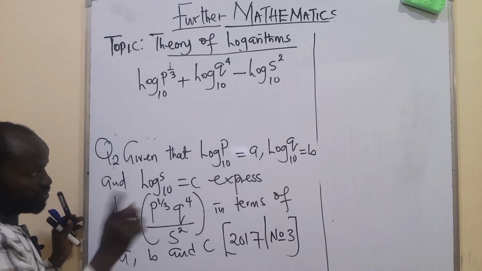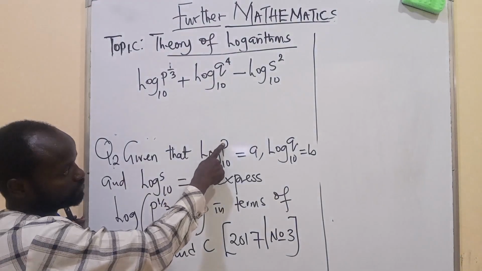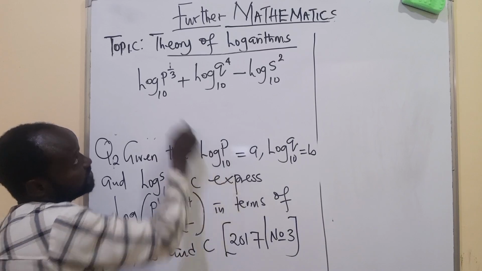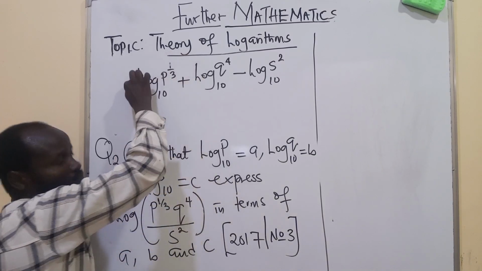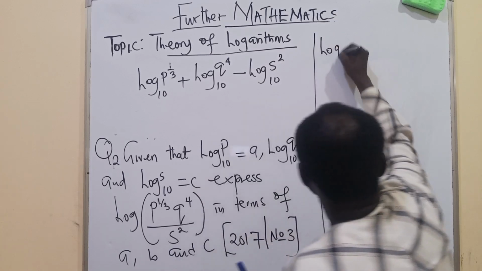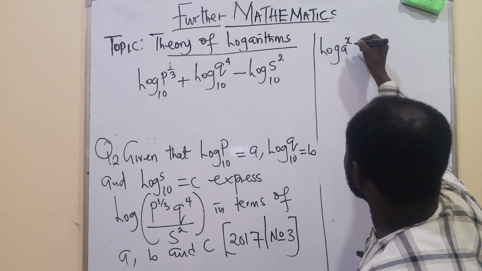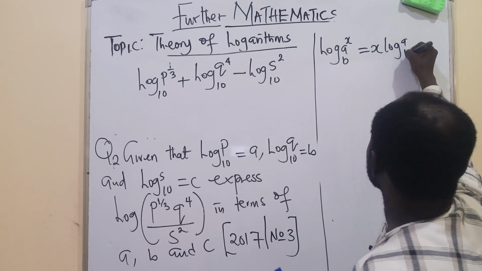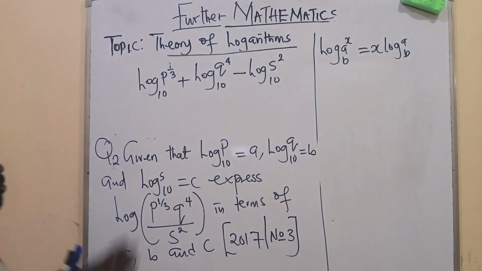On this side, from the question, we are told that log p to base 10 is equals to a. So for me to have log p to base 10, I have to take this 1 over 3 backward using one of the laws of logarithm. If we have log a power x to base b, this is the same thing as x log a to base b. So I'll apply this law to this side.